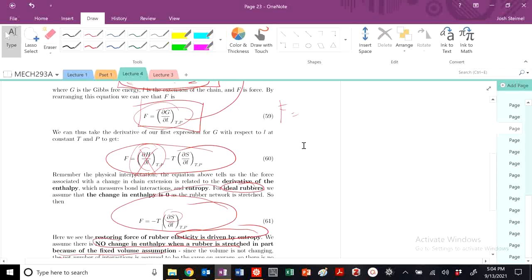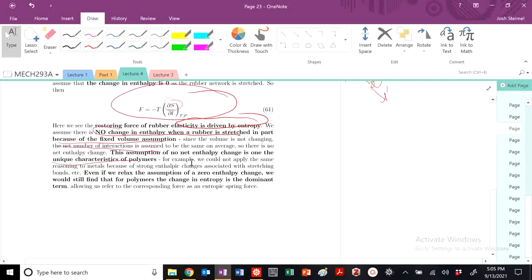And so I'm going to get this positive restoring force that wants the material to go back. As I take my polymer and stretch it like this, there's going to be a force that wants to restore and oppose that stretch. It makes intuitive sense. That's the cool part.